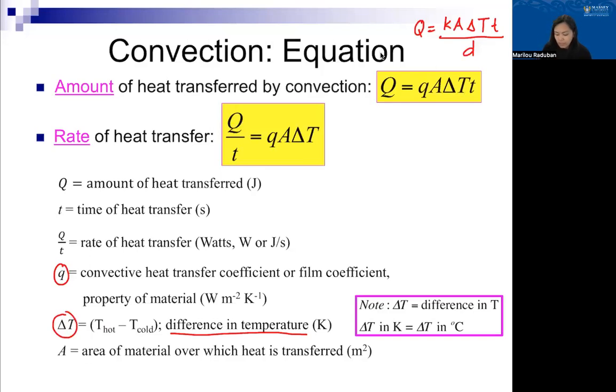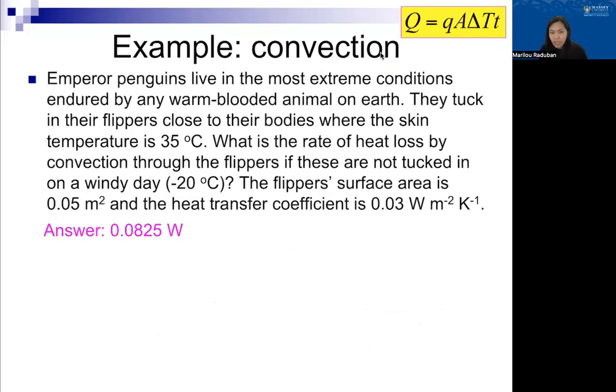Right, and so let's look at an example of how we can solve heat transfer by convection. This time we're looking at emperor penguins who live in extreme conditions, and to survive in a very cold environment, the penguins tuck their flippers close to their bodies, where their skin temperature is 35 degrees Celsius.